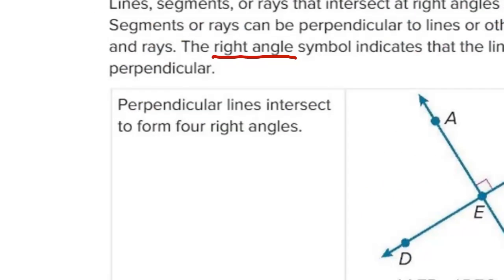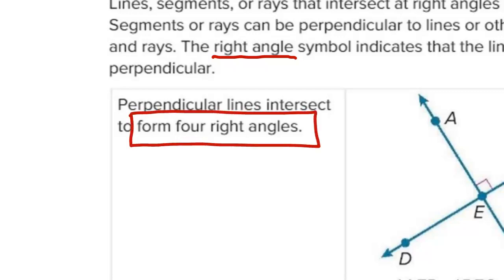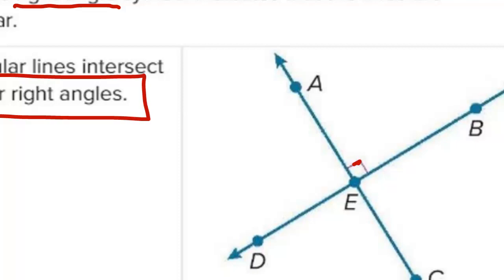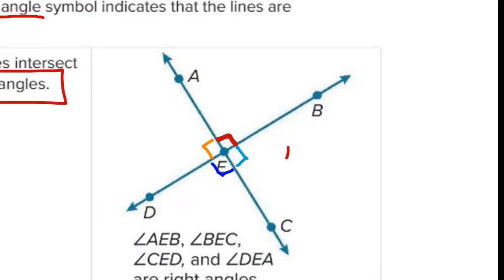When two lines are perpendicular, they very specifically form 4 right angles. We usually only see the box drawn in one of the corners, but all of the other angles here would also be right angles. So 4 right angles.